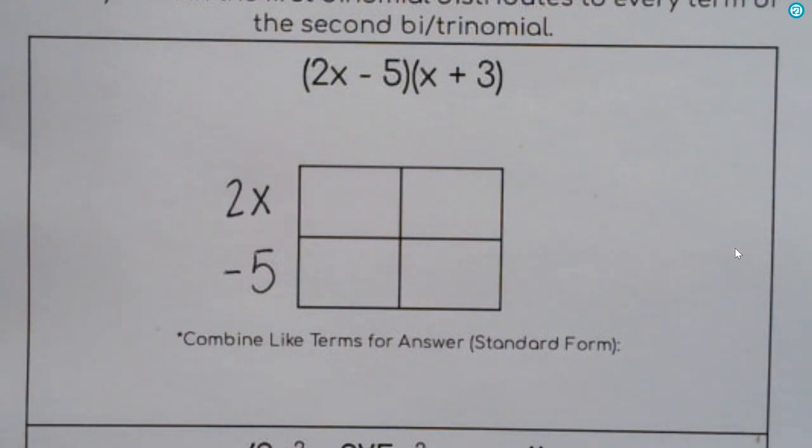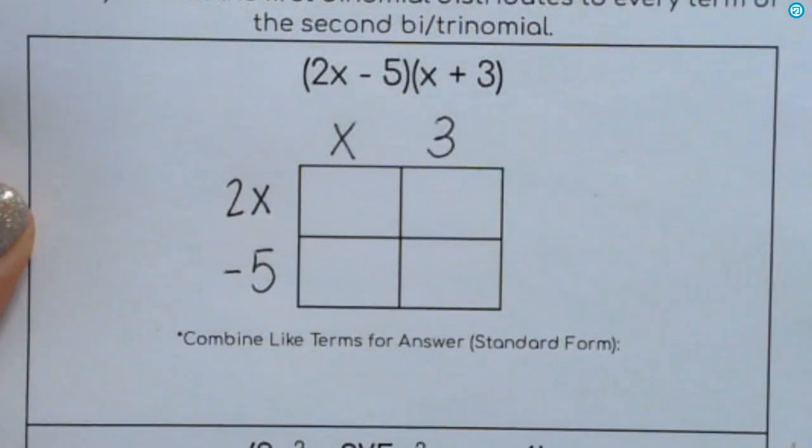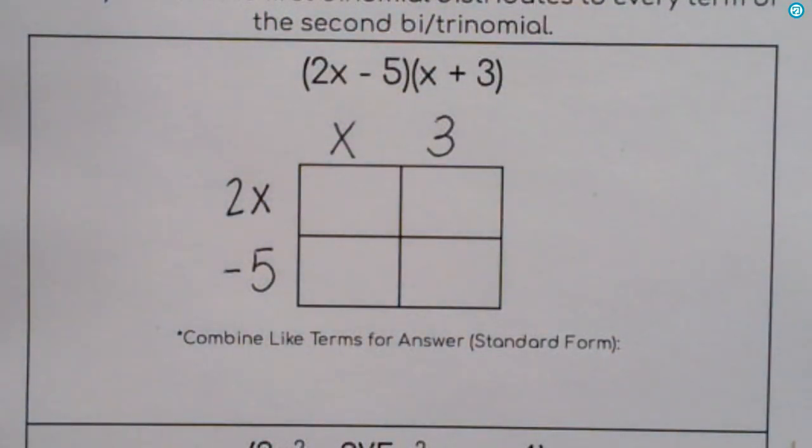Okay, I'm going to do the same thing across the top with my other binomial. So I've got x plus 3. I'm going to put the x here. I'm going to put the 3 here. Okay, any questions about that setup?